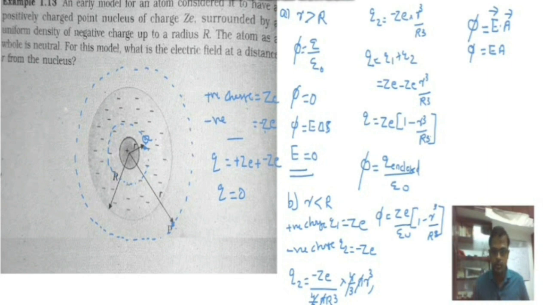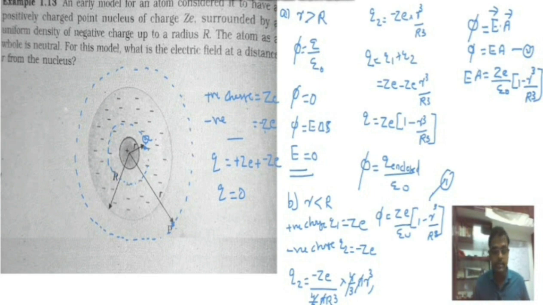So look at the equation here for phi. Two equations we got now. This is equation number 2 and this is equation number 1. Left hand sides are equal, so I can write here EA is equal to Ze divided by epsilon 0 into 1 minus r cube divided by capital R cube.